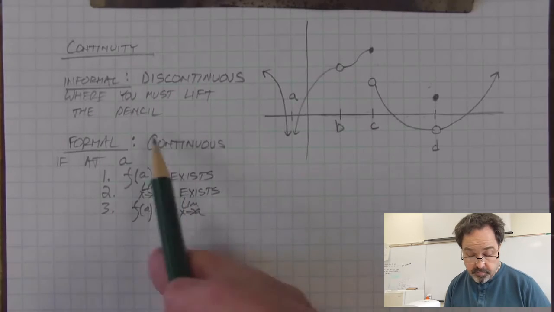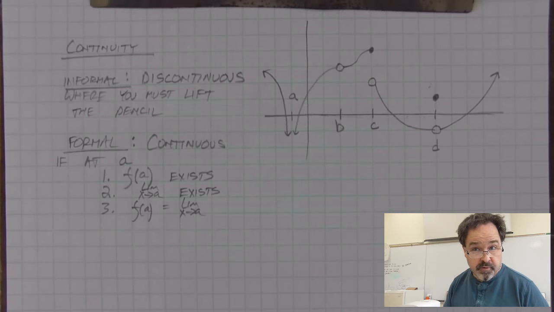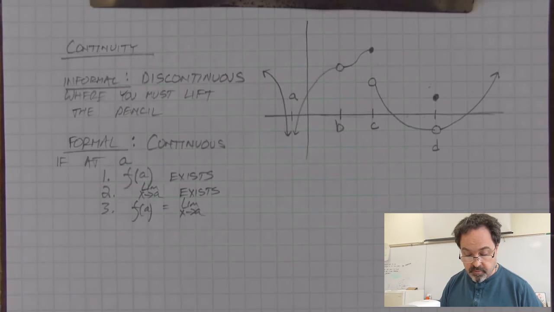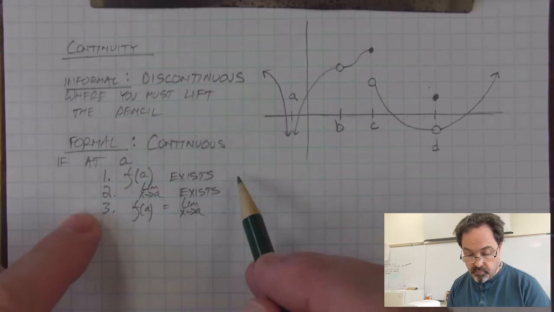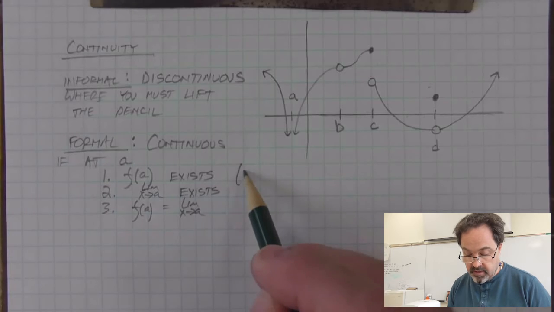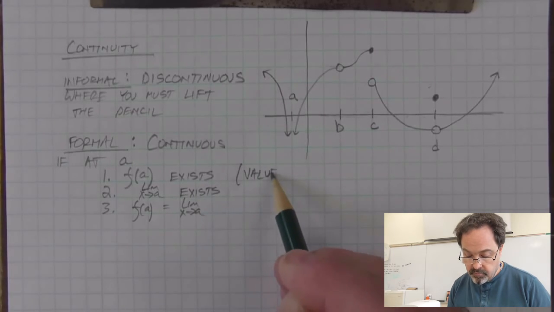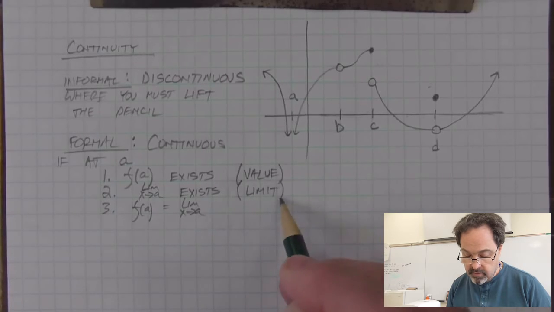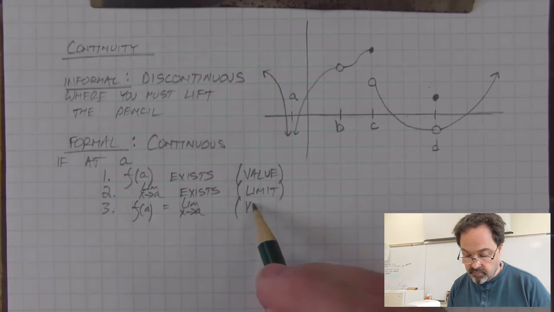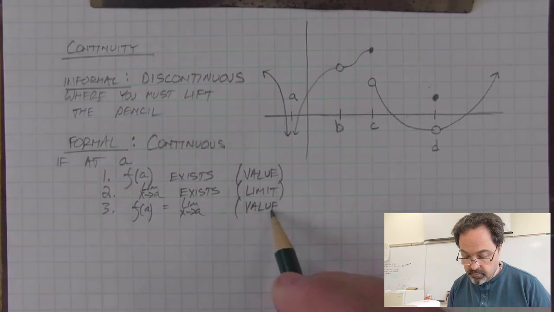This is a little bit shorthand for the formal definition. If it was written in a textbook, it would be much more complete with the language that was being used in reference to the symbols. The shorthand could be expressed even more concisely by these three rules being the concepts that there must be a value at the place, a limit at that location, and the value and the limit must be equal.